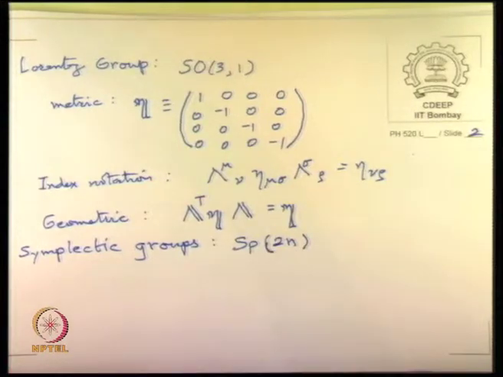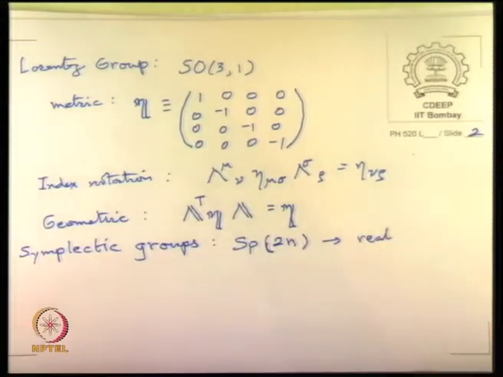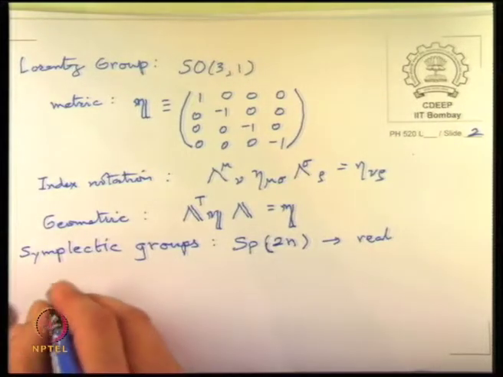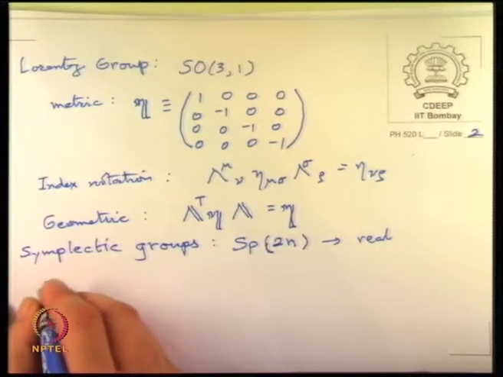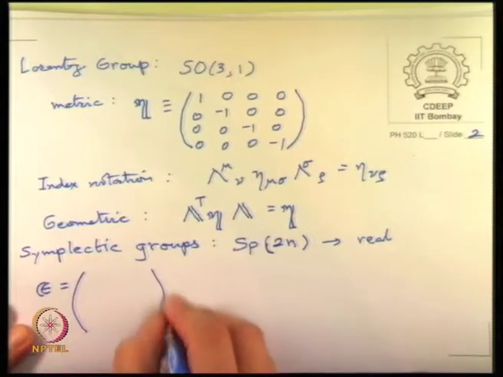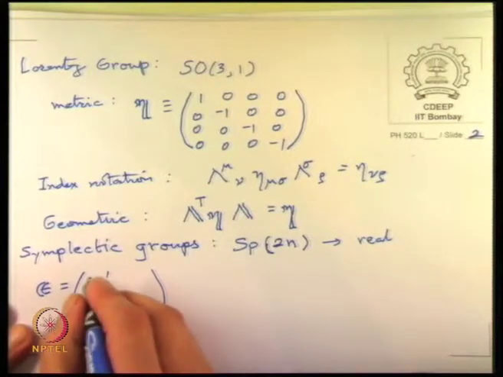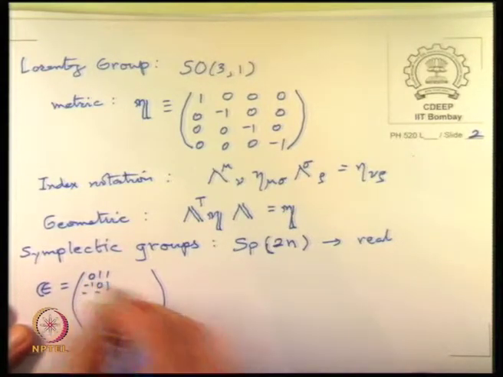We will not be interested in Sp(2N, C), so automatically R. And we introduced here a metric epsilon, which is of the form block diagonal plus and minus 1. It runs along the diagonal.